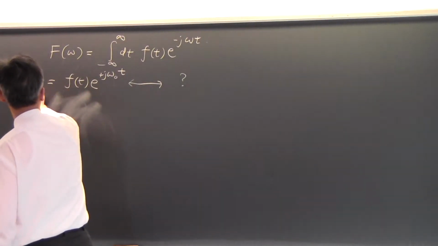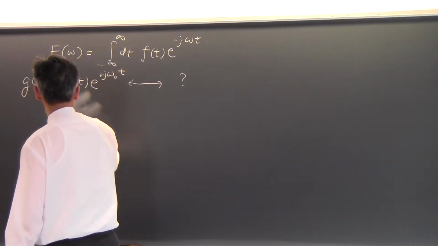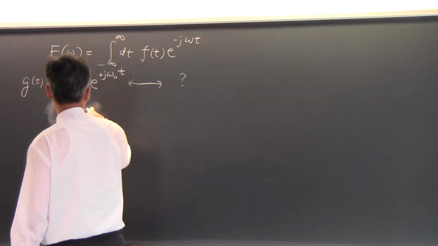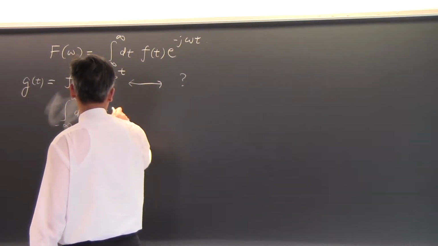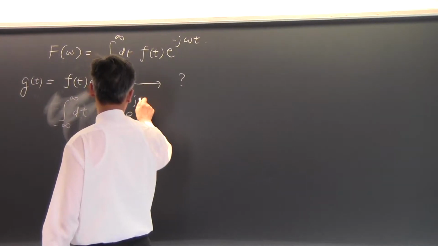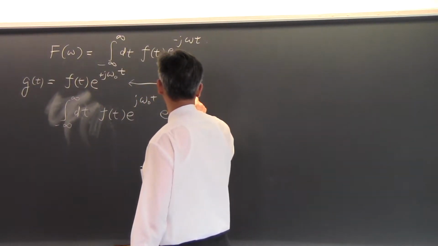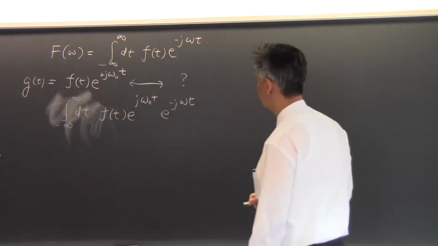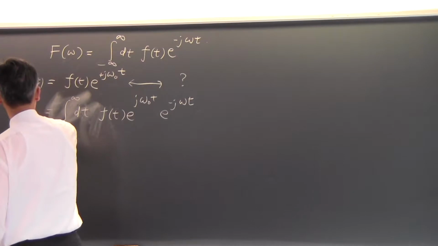Let's say this is g of t. We can write the Fourier transform of g of t as the integral of f of t e to the j omega naught t e to the minus j omega t. Okay, this would be g of omega.